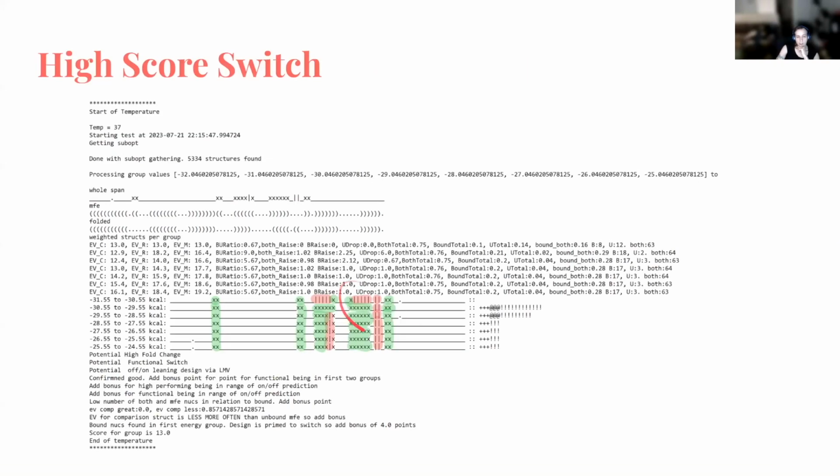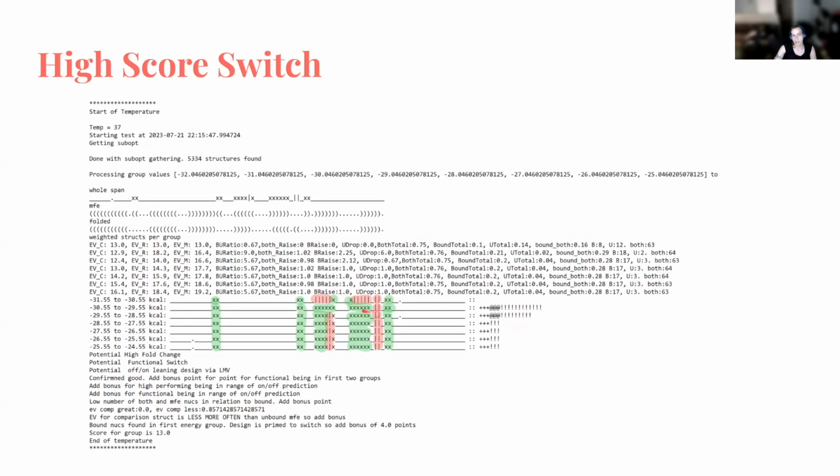So this is what one temperature will look like when it kicks out the results. I highlighted these to show you green is good, red is bad. Your MFE is -31 to -30 kcal, to 1 kcal delta, and you see that the unbound structure is predominant, which is what you expect because you're sitting unbound, in that shape.